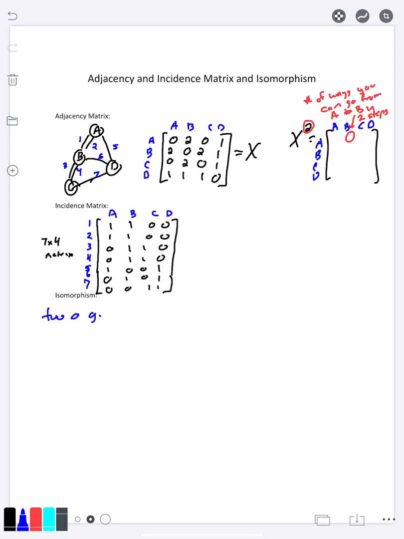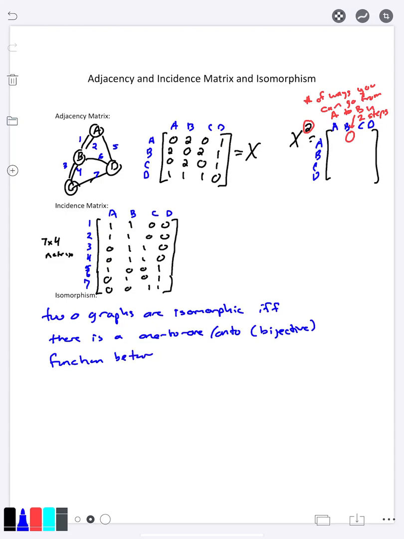Two graphs are isomorphic if and only if there is a one-to-one, onto, and when you have both of those, we also call it bijective, function between the vertices of the two graphs that preserves all the edges.